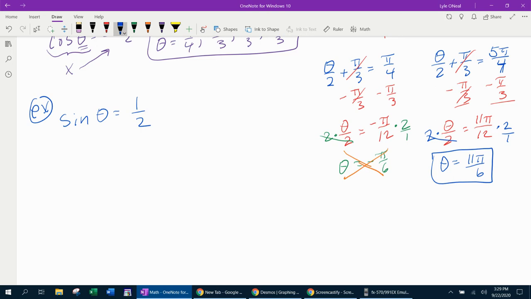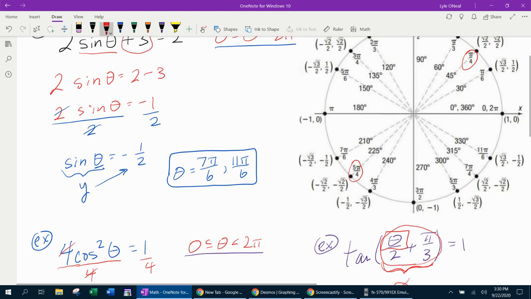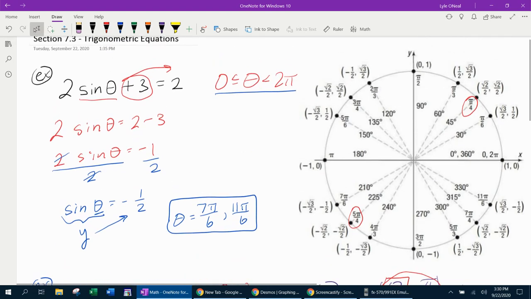Since we know that the trig function is already isolated, what we're going to do is go to the unit circle and find all of the angles theta that have a y coordinate of a half. That would be at pi over 6 and 5 pi over 6.